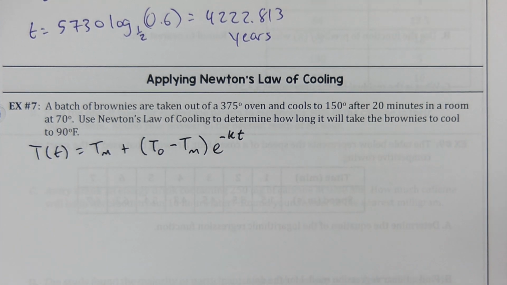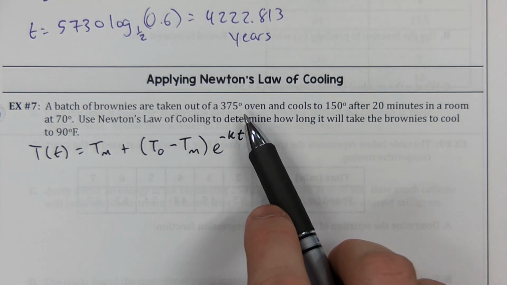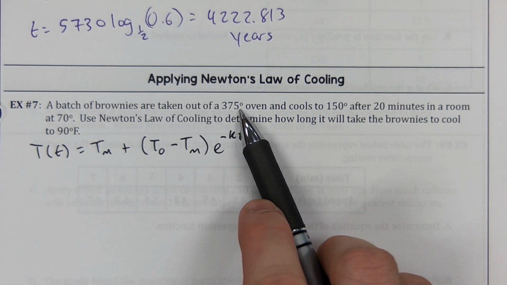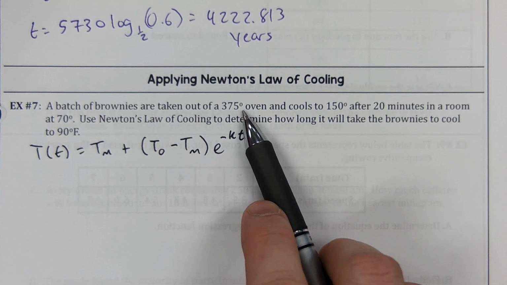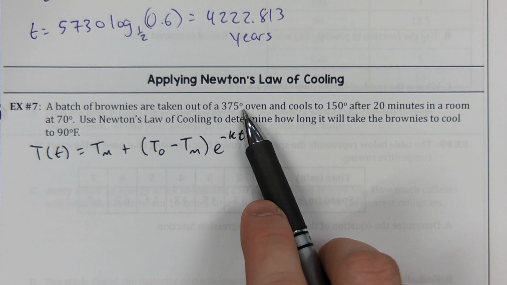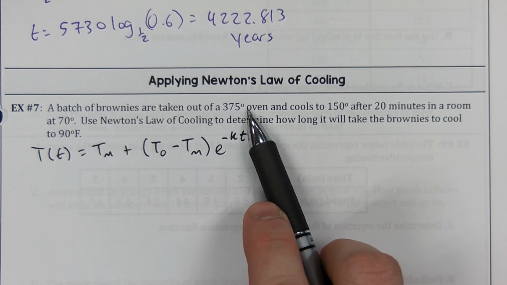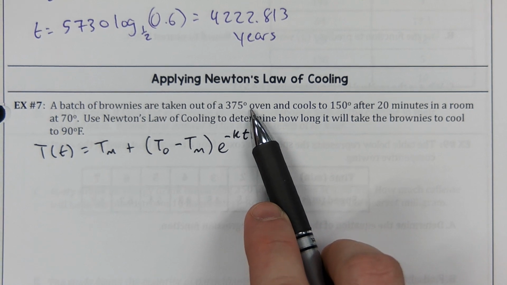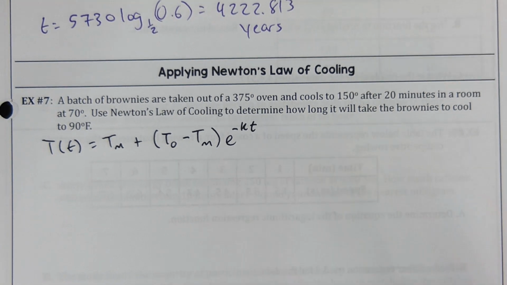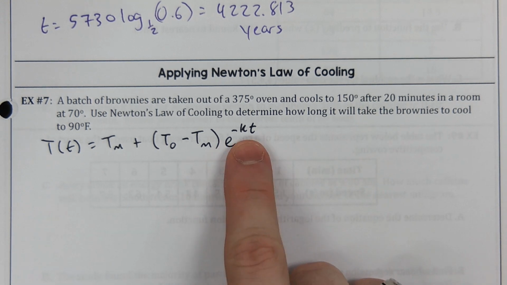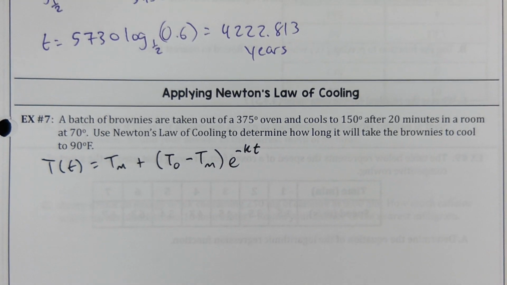Use Newton's law of cooling to determine how long it will take the brownies to cool to 90 degrees. Because we took these out of a 375 degree oven, we have to assume that was the temperature of the brownies. We're just going to assume it's been in there long enough to come up to the same temperature as the surrounding medium. And the only thing we don't know is k, which is our cooling factor.